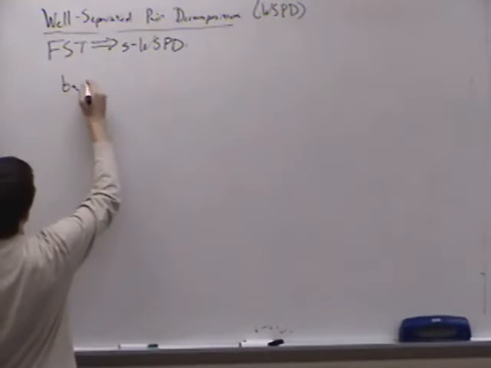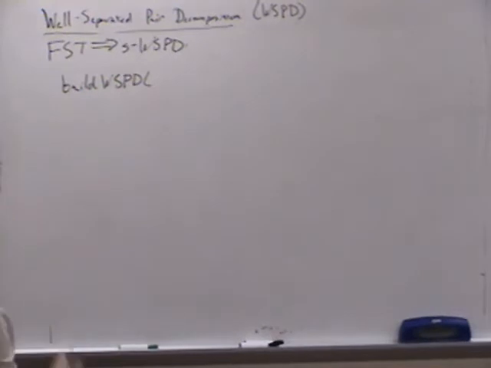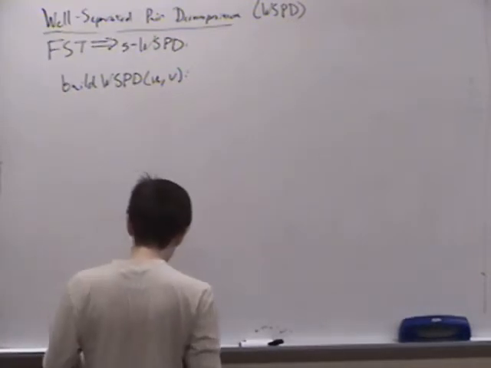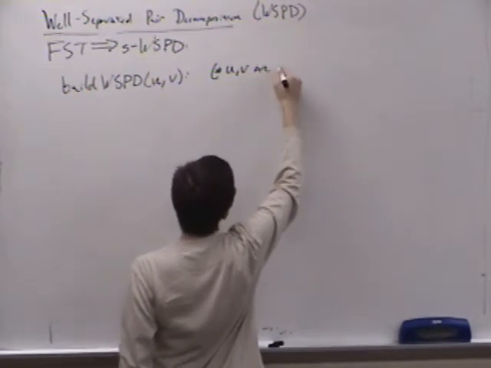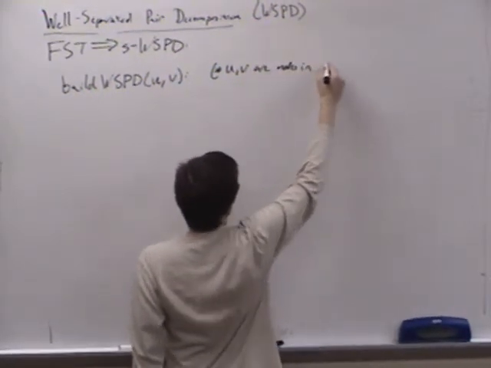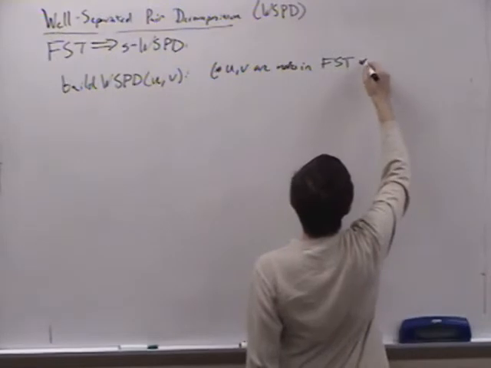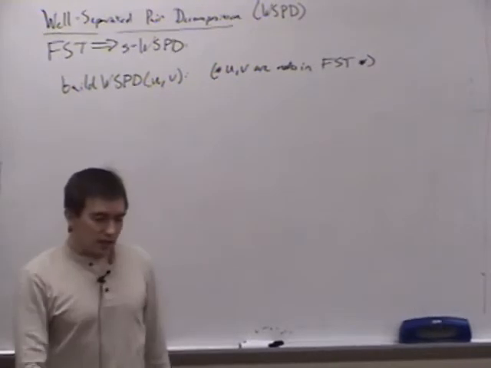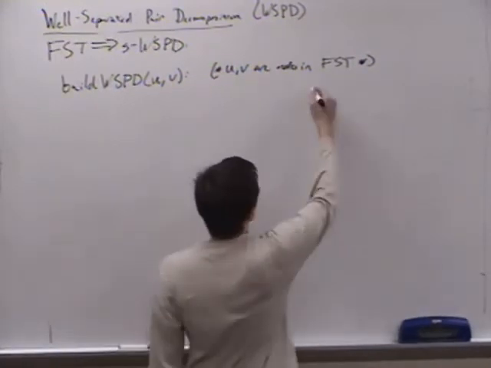And we're going to use the following algorithm, which we'll just call build WSPD. The input to this algorithm is a pair of nodes in the fair split tree. So we're going to require that U, V are nodes in the fair split tree. Also, by some abusive notation, we will identify a node in the fair split tree with all of the points in that node.